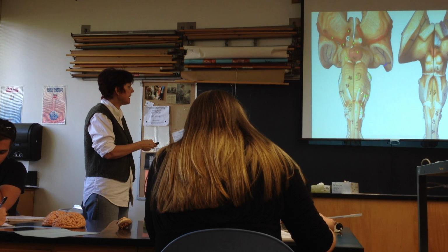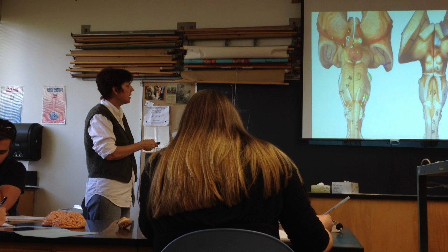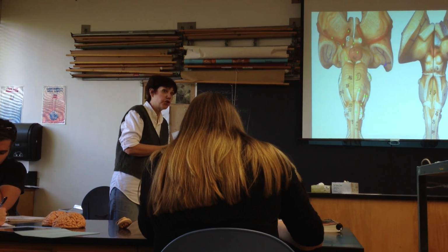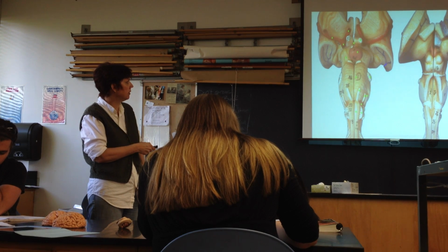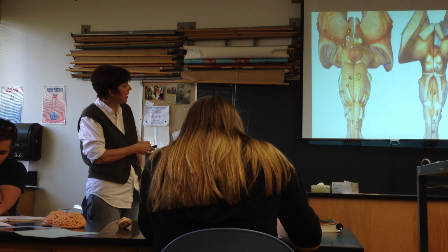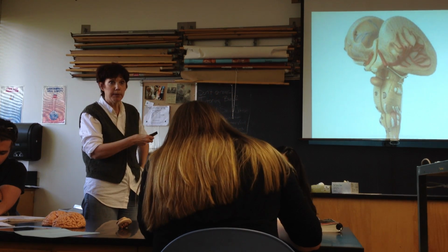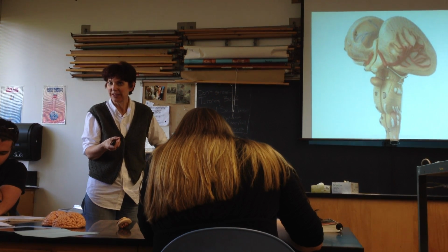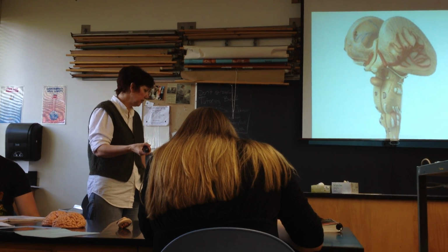All right, so 6, 7, and 8, as we go from medial to lateral. 7 is facial, and that's G, both sensory and motor. And then 8 is shown right here. If we look at the lateral view, 8 has 2 parts, vestibulocochlear. Vestibulo has to do with balance, cochlear with hearing.